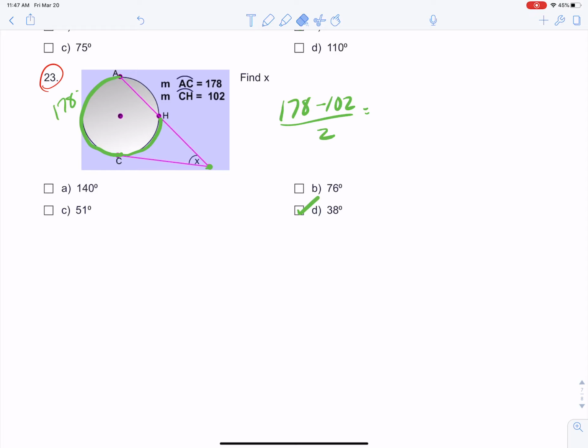So 178 minus 102 is 76, divided by 2, we get 38 degrees. Okay, so when the intersection is on the outside of the circle, you subtract the two arcs that it intercepts and divide by 2. Okay, hope that helps.